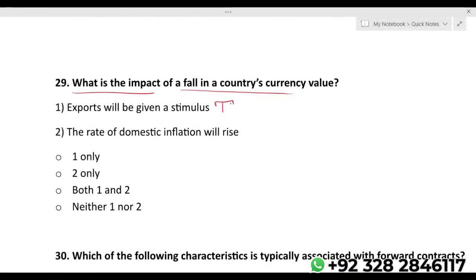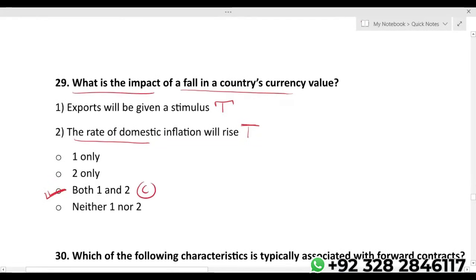Now it is weak, so $1 is converted into many Pakistani rupees. So when your local currency is weak, it encourages exports. The rate of domestic inflation will rise, yes. Of course, when there is a higher inflation rate, the currency will devalue. So both are correct. Both are the impact.